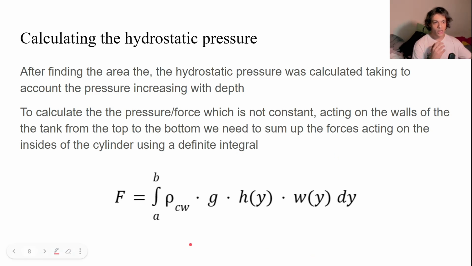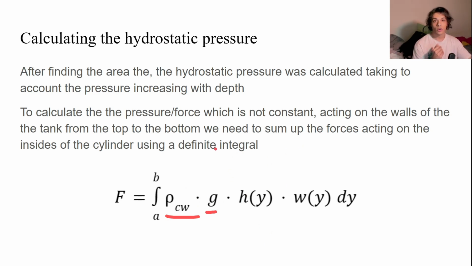Right here, as we can see, we have the density of the water, and we have the gravity, which is going to be the acting force, and then we have the height multiplied by y. Y is basically a point in the depth. So height h is going to be the depth here. Let's say y equals 0.